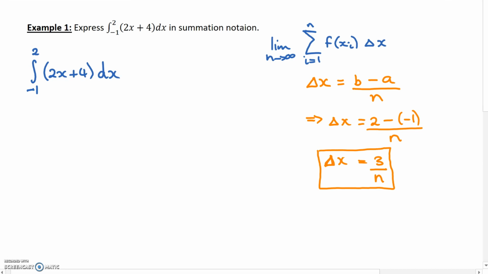Okay, so what we do is we let x0 equal the bottom limit, which is negative 1.